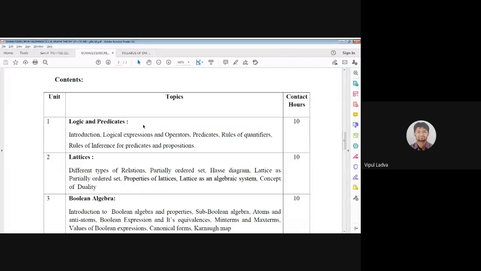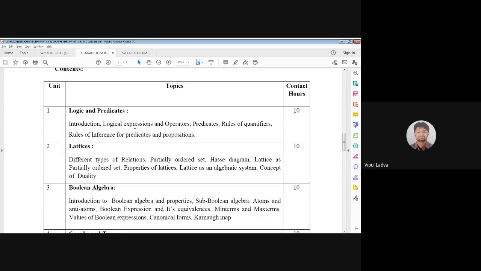So we will start from that, where we will be dealing with some logical expressions, some logical operators, and thereafter quantifiers. We'll be dealing with predicates and tautology, contradiction, that kind of stuff. So that will be the content of our first unit under the label logic and predicates.